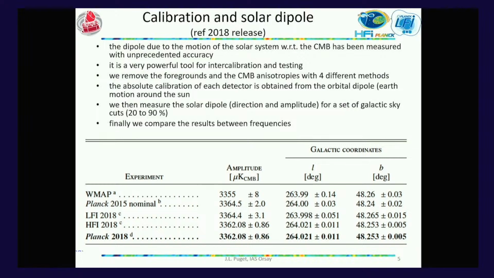So the solar system dipole is a very powerful tool, and that's what led to this number and this direction of the dipole.